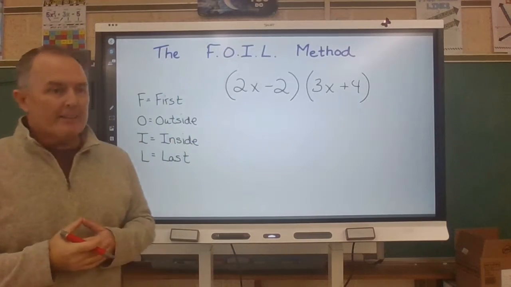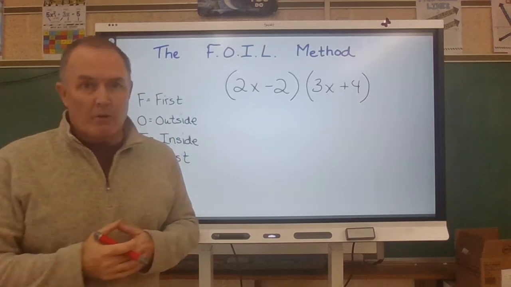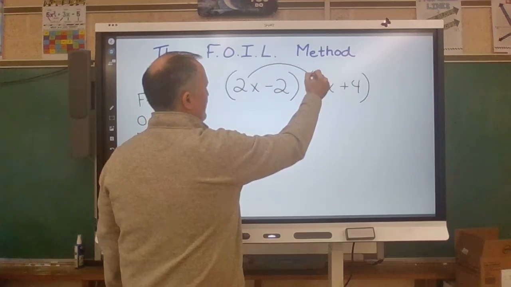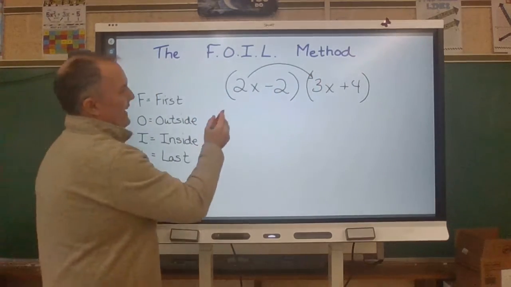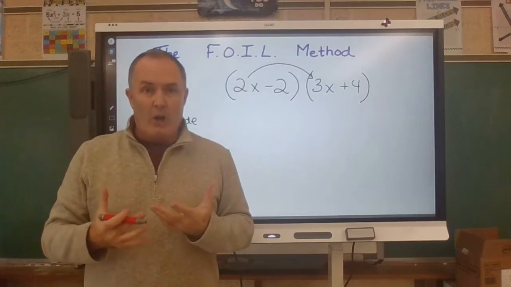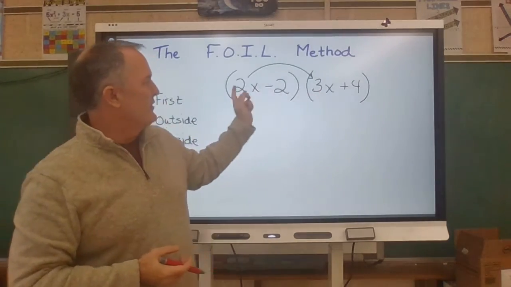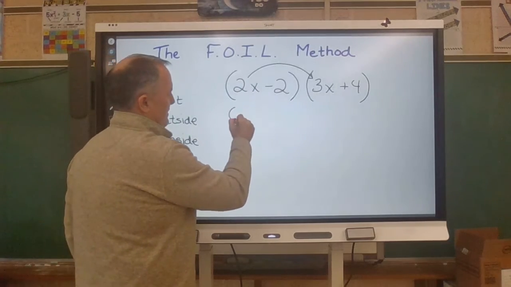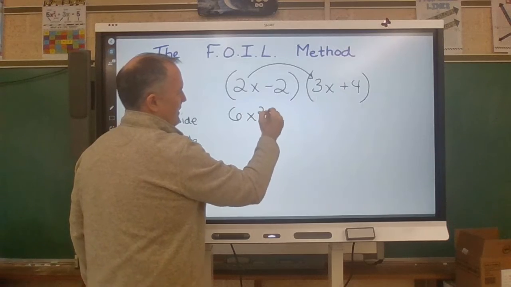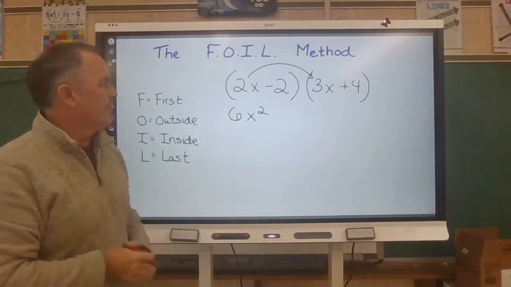We're going to use the FOIL method, and we're going to turn that into a standard form quadratic or a trinomial. We multiply the two first together. Now, when you're multiplying two terms that both have a coefficient greater than 1, you're going to multiply the numbers together first. So 2 times 3 is 6. And then x times x will be x squared. So 2x times 3x will be 6x squared.